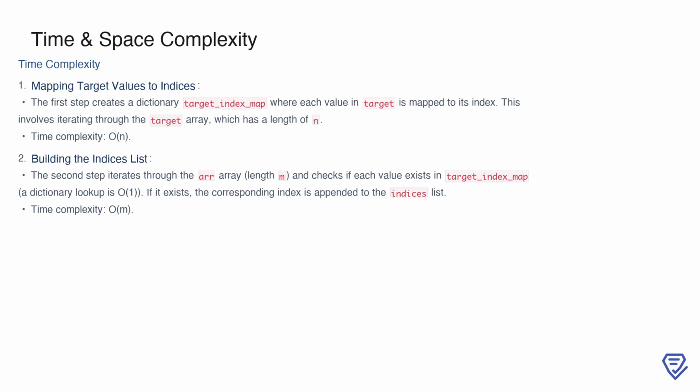Next, we build the indices list by iterating through the ARR array, which has m elements. For each value in ARR, we perform a dictionary lookup in target_index_map. Since dictionary lookups have a constant time complexity of O(1), this entire step takes O(m) time. Together, these two steps lay the groundwork for the main algorithm while maintaining efficiency.